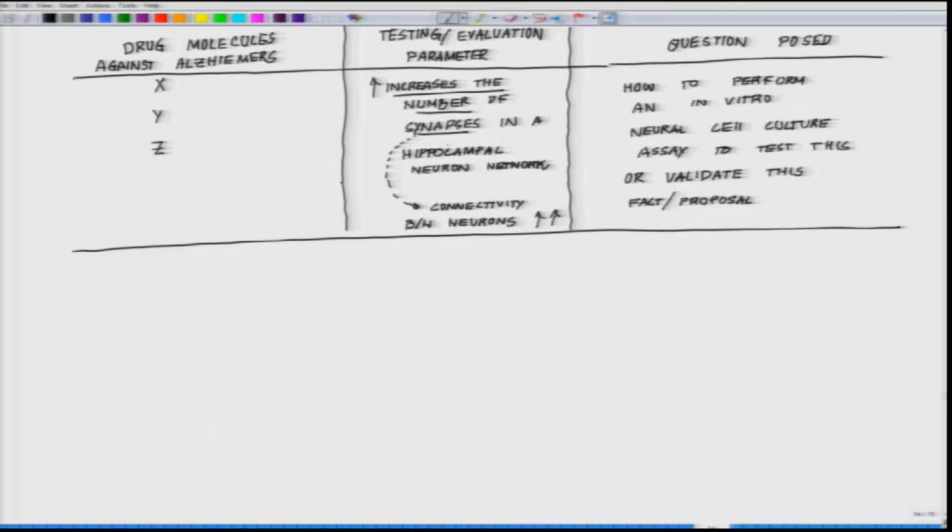And what is the proposal? That it will increase the number of synapses. So, what all did we do?